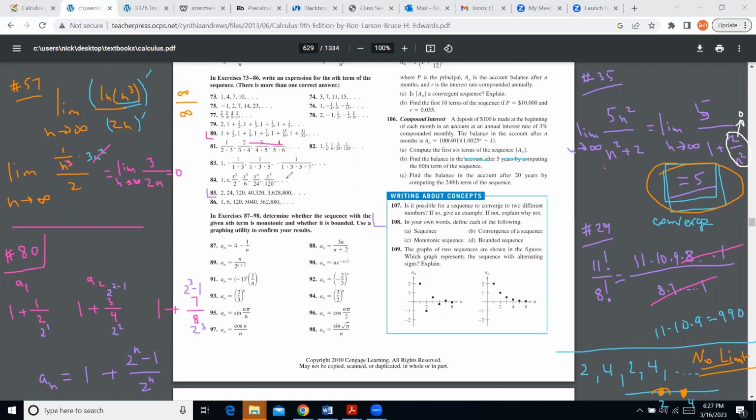There are always various interesting observations. I'm not going to get much into this because it might be way too time consuming. So I think 85 and 86 have to do something with factorial. It could be 2n factorial or 3n factorial or something like that, and that's why these terms increase so quickly.